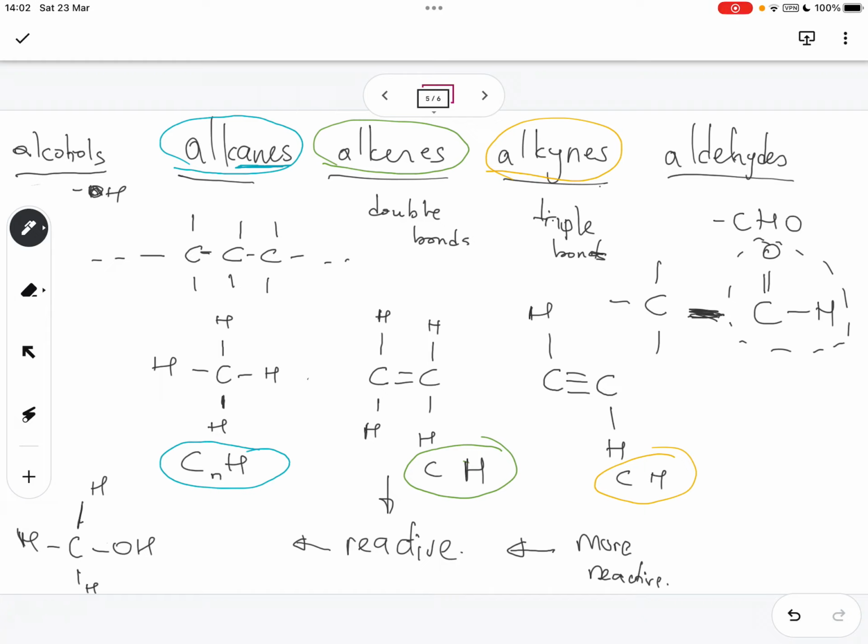For alkanes, yeah, the formula is 2n plus 2. You get an extra 2.